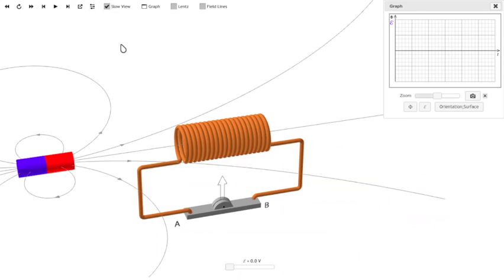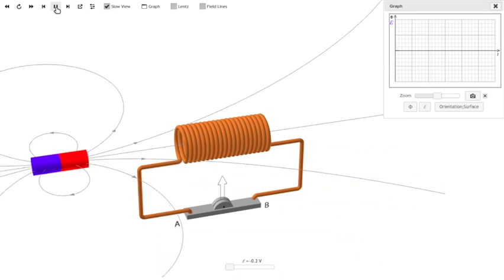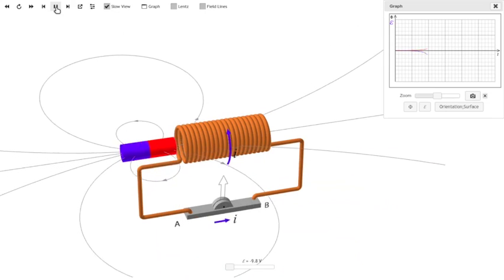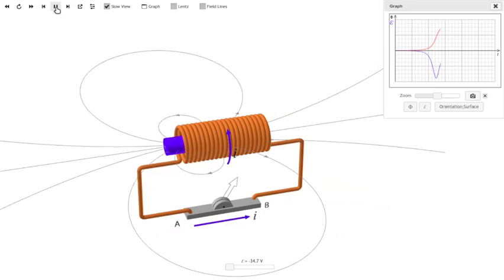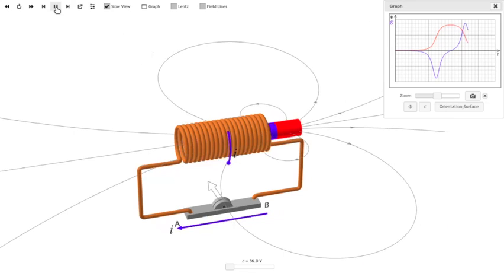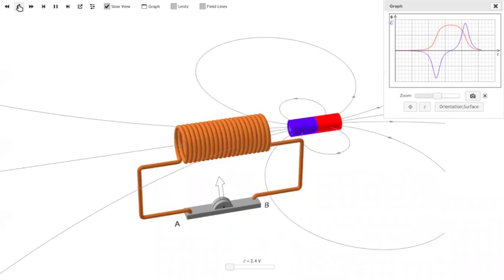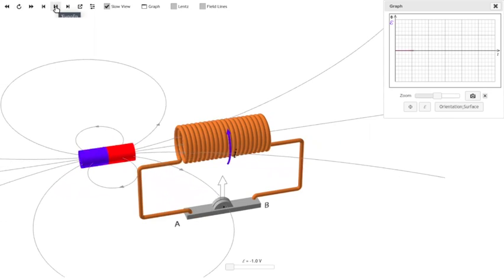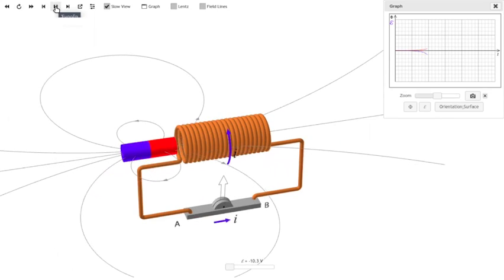Yes, sir. Now, once again, you look at the graph, you can understand very easily how the produced voltage varies. It is not a constant one, right? Yes, sir. So you can stop whenever you see that maximum, right? Yes, sir.